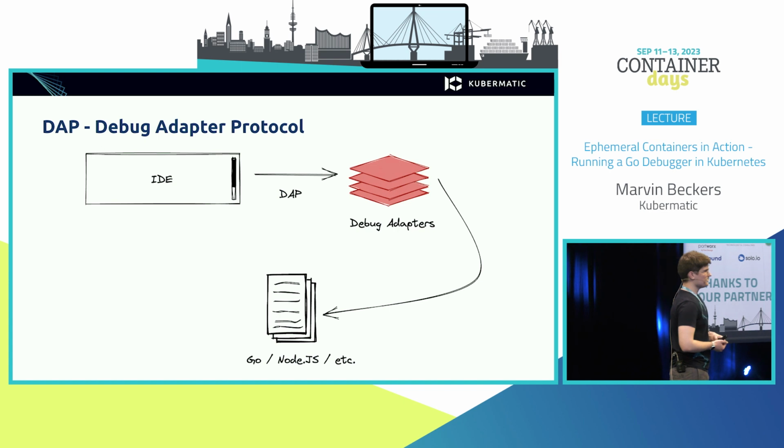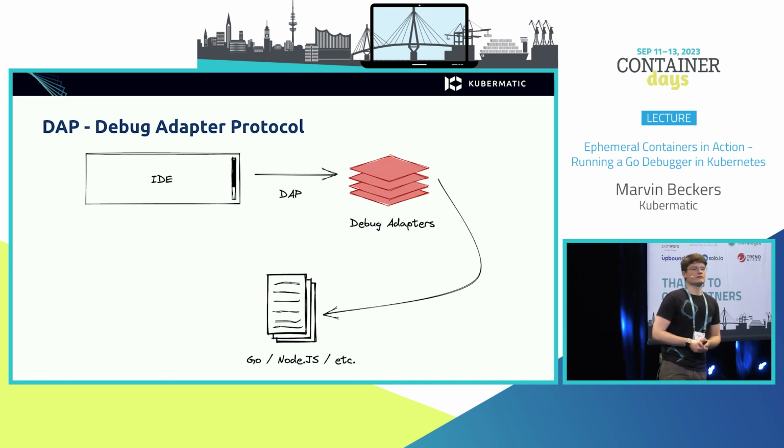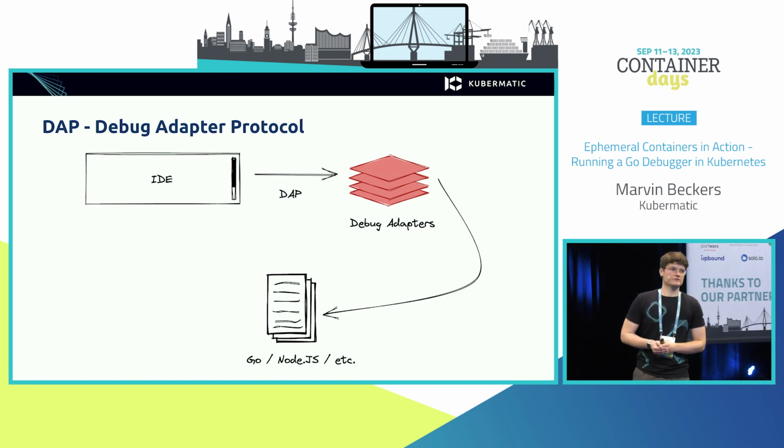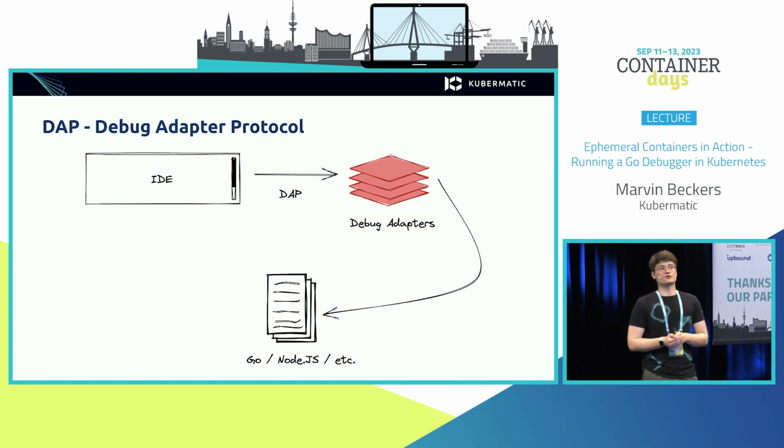Maybe they implement remote debugging, but maybe they have their own protocols. Delve actually has its own protocol for remote debugging, but we're not that interested in it because it's a Delve-specific protocol.